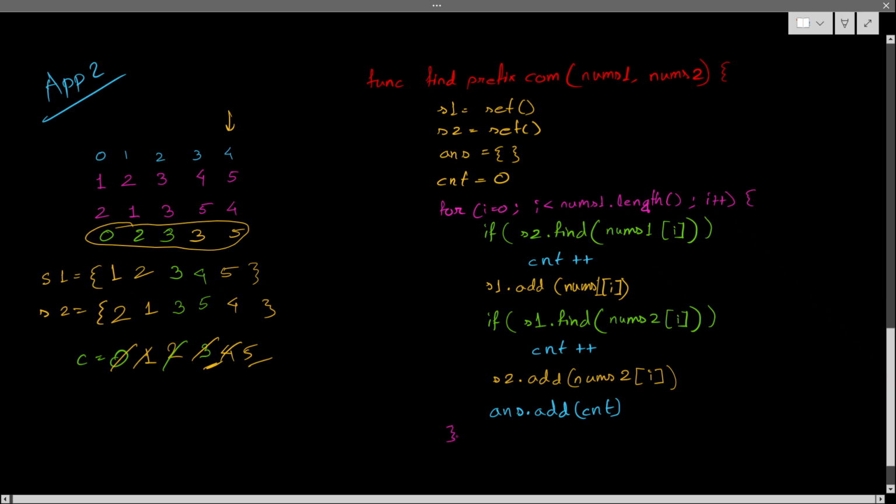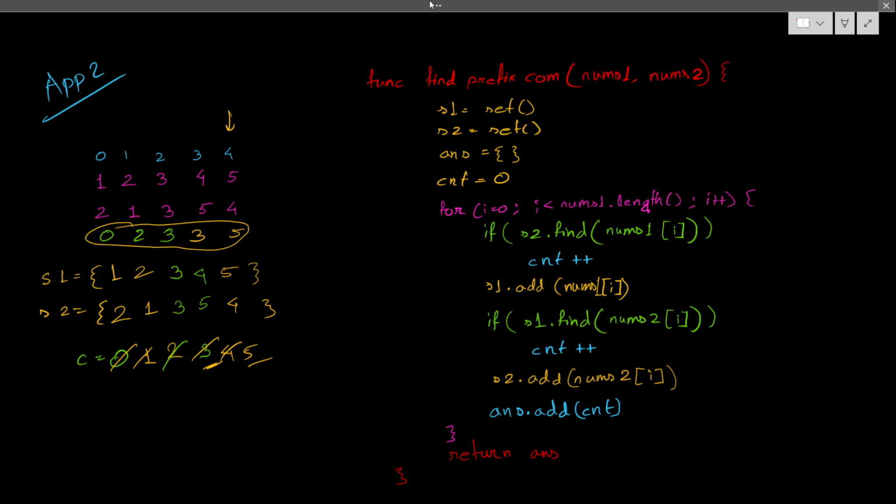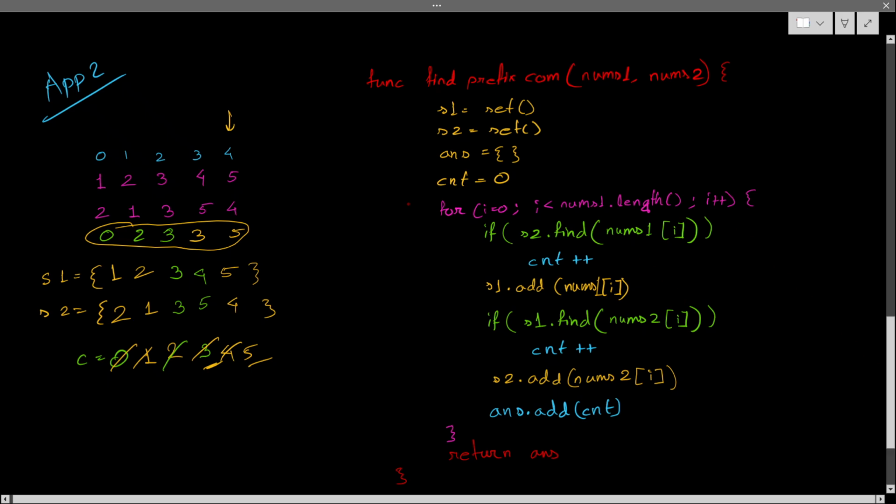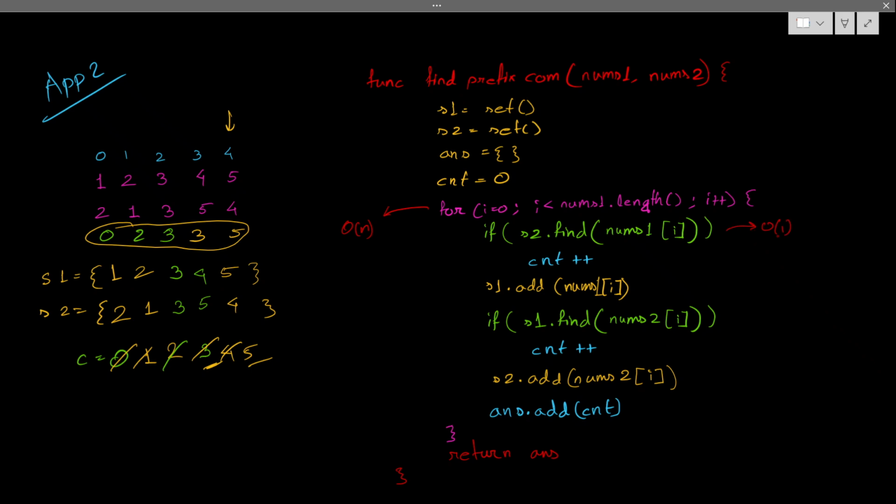So my loop ends, and at the end I will return my answer array, and here my function also ends. So if I calculate the time complexity and space complexity, time complexity is big O of n, and I am considering this lookup as big O of 1, please remember this, I will come back here later.